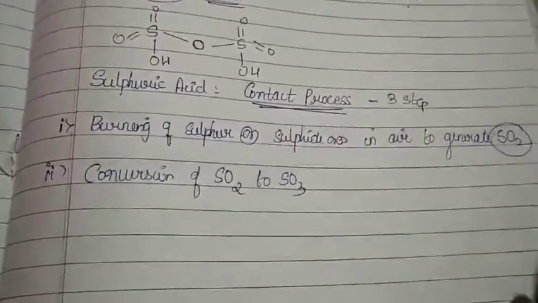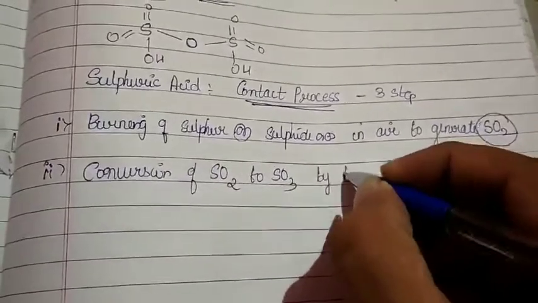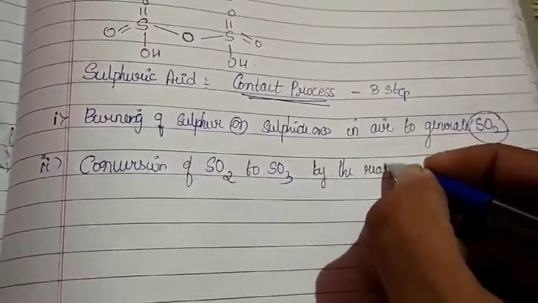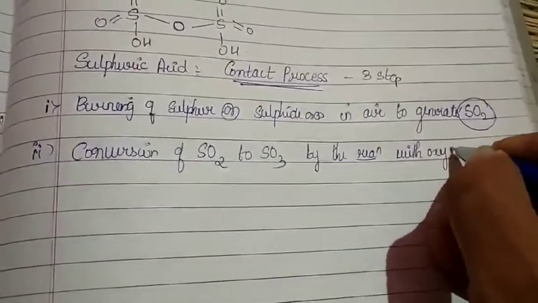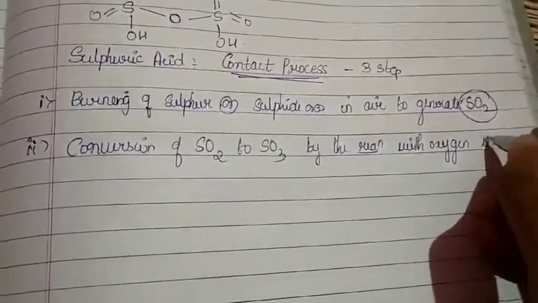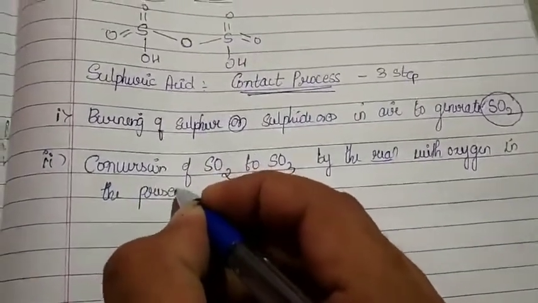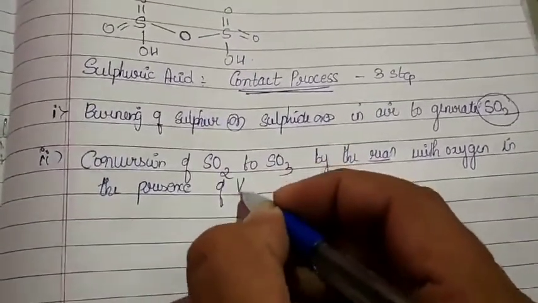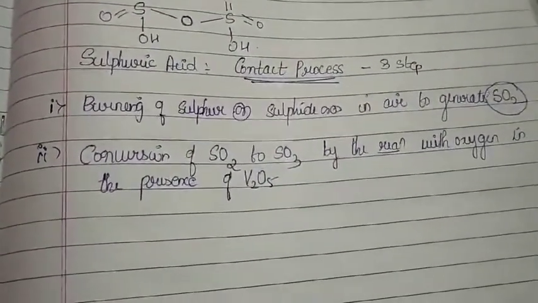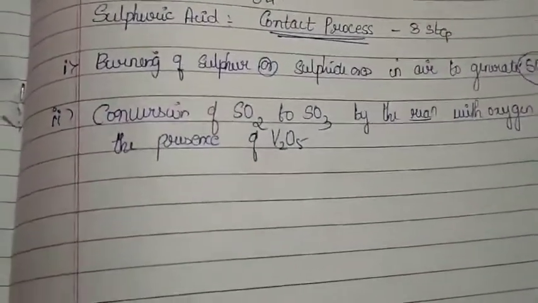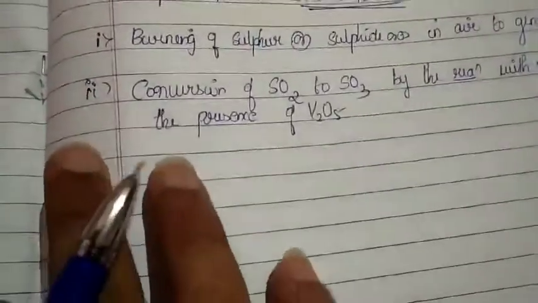SO2 to SO3 is obtained by the reaction with oxygen in the presence of vanadium pentoxide catalyst, V2O5 catalyst. So by utilizing the vanadium pentoxide catalyst, we convert sulfur dioxide to sulfur trioxide. This will be your second reaction.